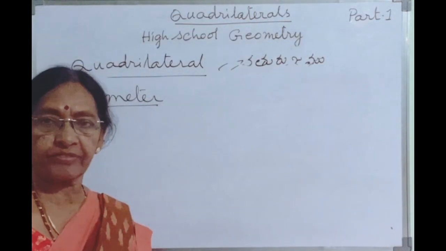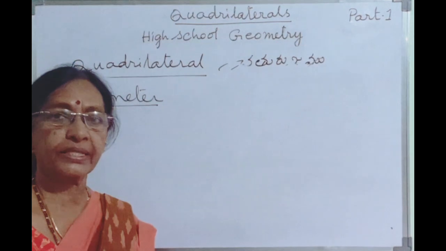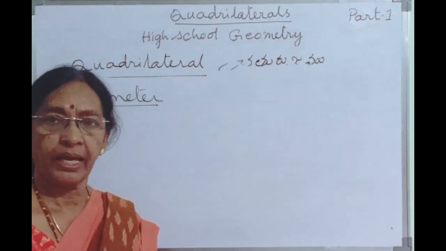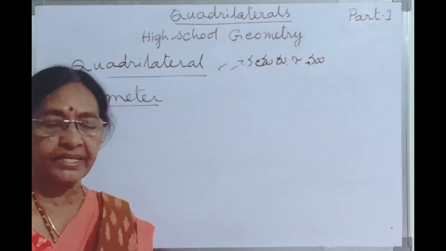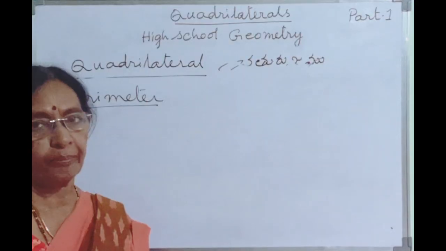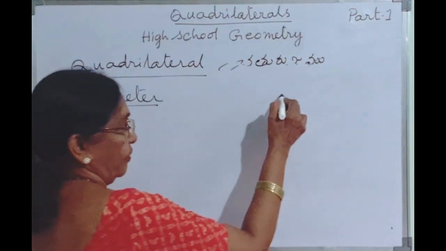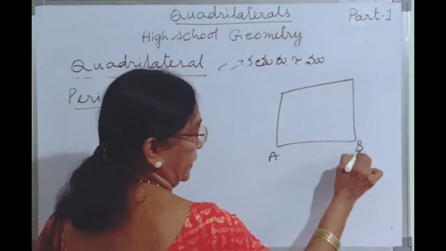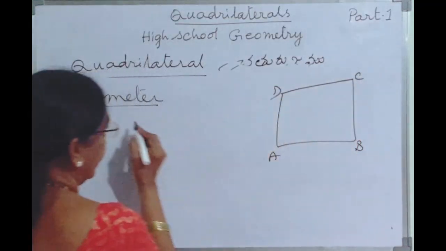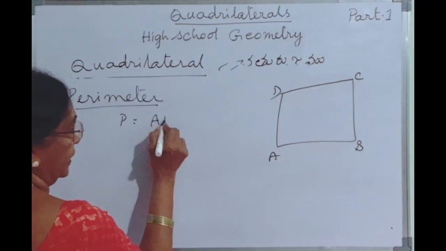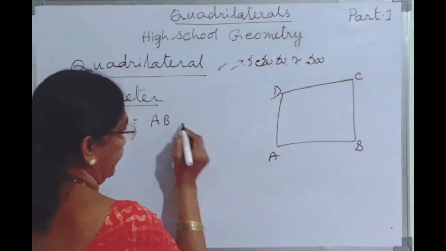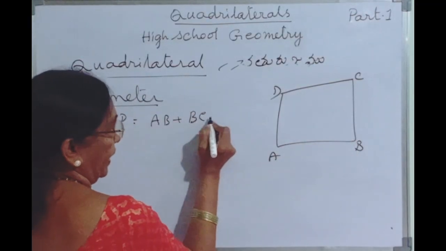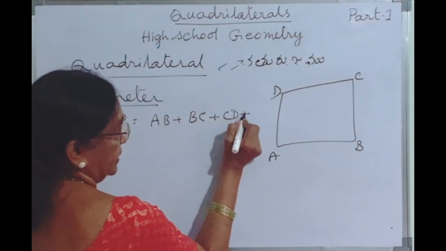Next, perimeter of the quadrilateral, that is the sum of the measures of the sides of the quadrilateral, is called the perimeter of the quadrilateral. So, for a quadrilateral ABCD, the perimeter is equal to AB plus BC plus CD plus DA.